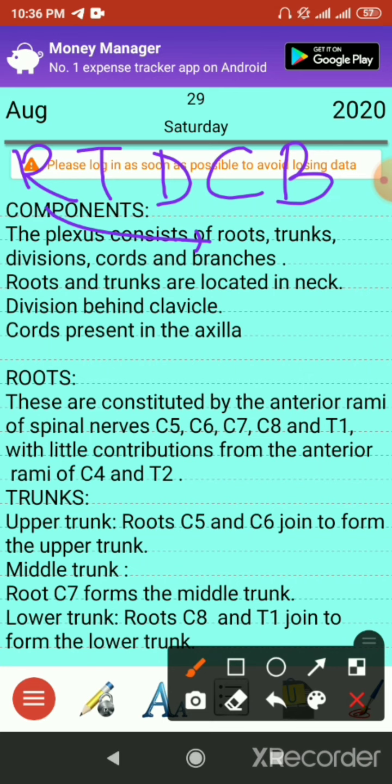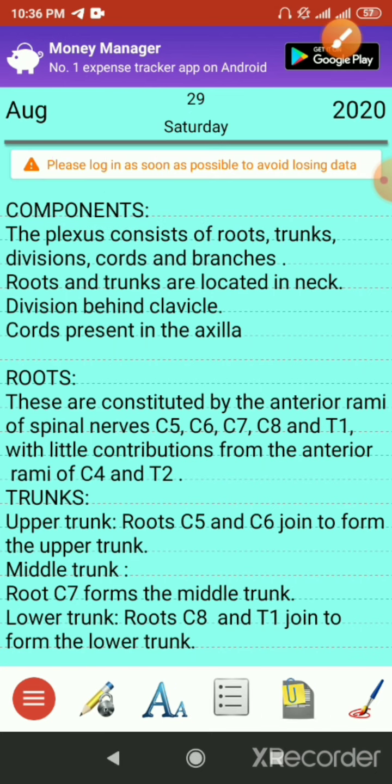R for the roots, T for the trunks, D for divisions, C for cords and B for branches. So the mnemonic is really tired and drink cold beer. So these are the root, trunk, then come division, then cord, and at last the component is branches.